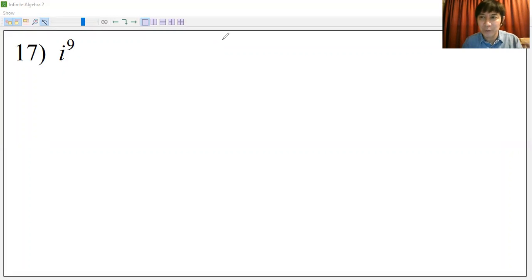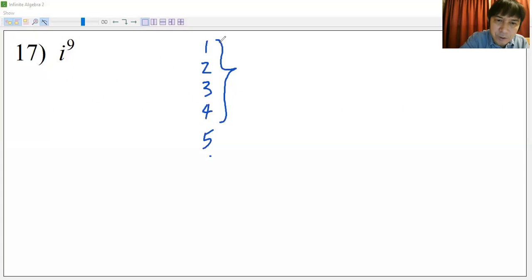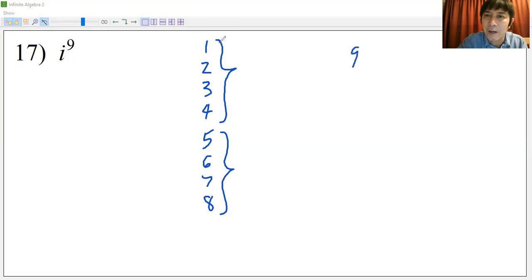If you count the powers, i to the first, second, third, fourth, that will be the first 4. The next 4 will be i to the fifth, sixth, 7th, 8th. And then the next 4 will be i to the 9, 10, 11, 12.